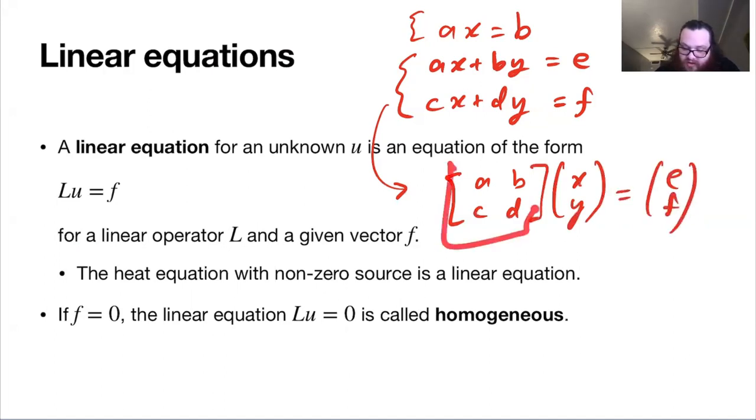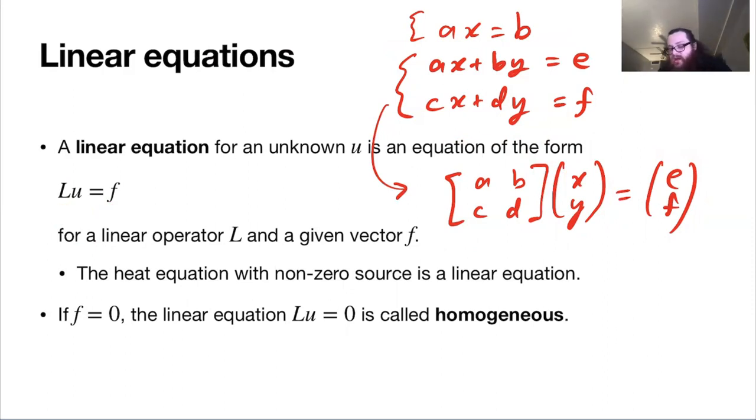So now this is a linear operator because it's a matrix. This is our unknown vector. And this is a given vector. So this system of equations is in fact a linear equation. Okay, so a linear equation is any equation in this form where L is a linear operator and f is a given vector.